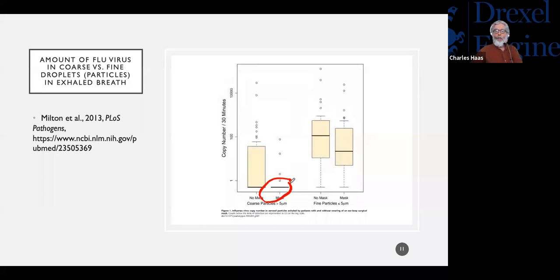For fine particles, maybe only a 50% reduction, because regular masks, even surgical masks, are not designed as barriers against fine particles. Of course, for N95 masks, which are designed to remove the fine particle fraction, we would expect a greater degree of removal.